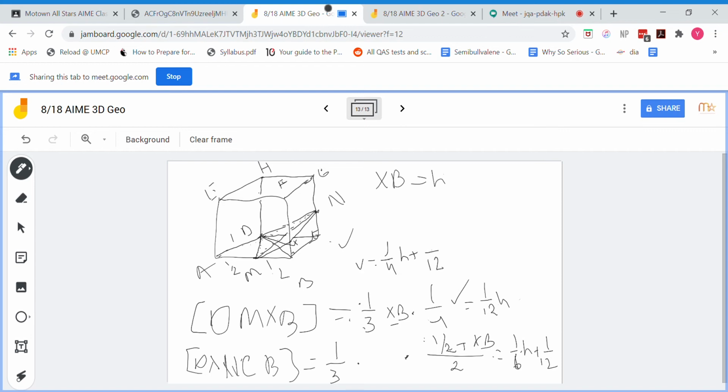And so the volume of the larger solid, which is our answer, which we're trying to find, is V prime, equal to 11/12 minus 1/4 H. So all we need to do now is compute H.